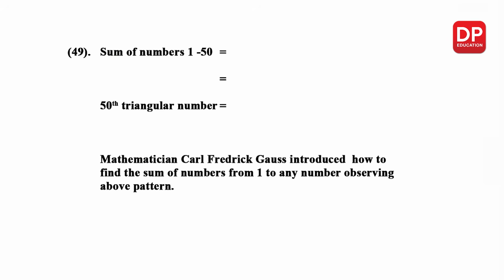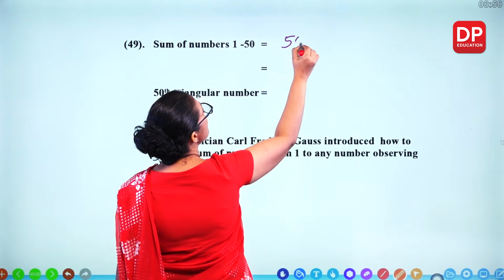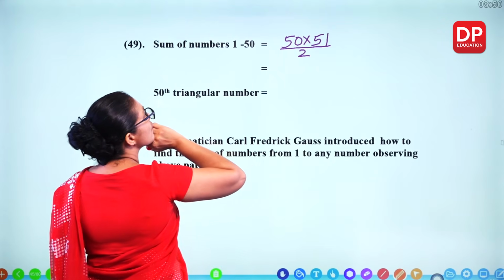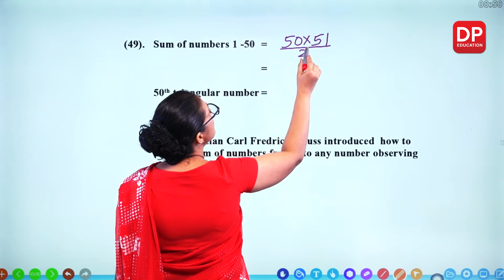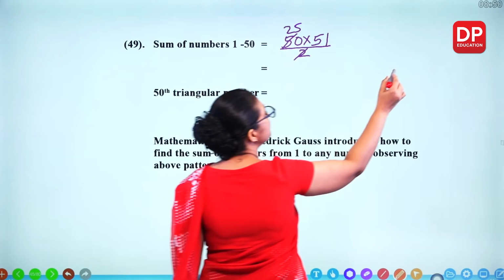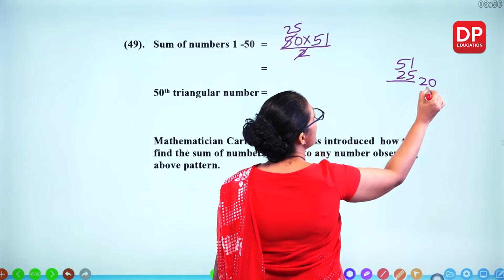The sum of numbers 1 to 50 means the 50th triangular number. So 50 times 51 divided by 2. So you get 25 times 51, 20 and 5.